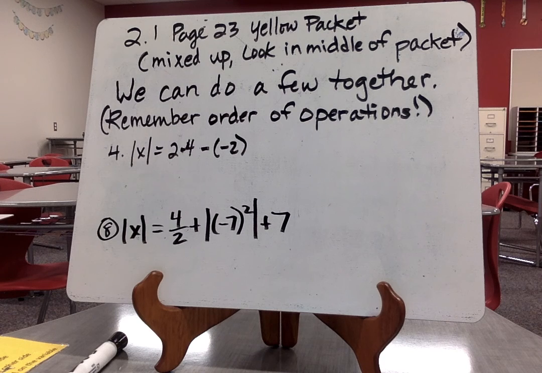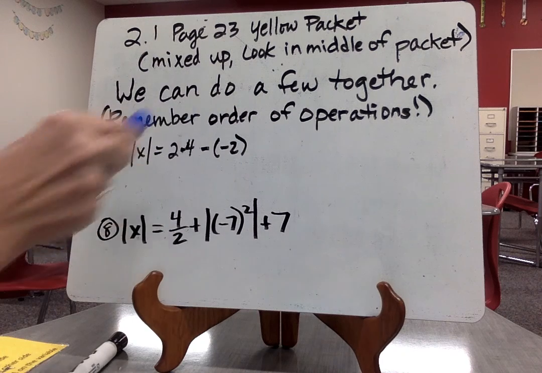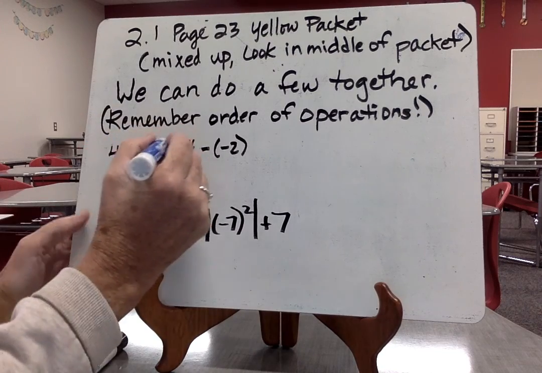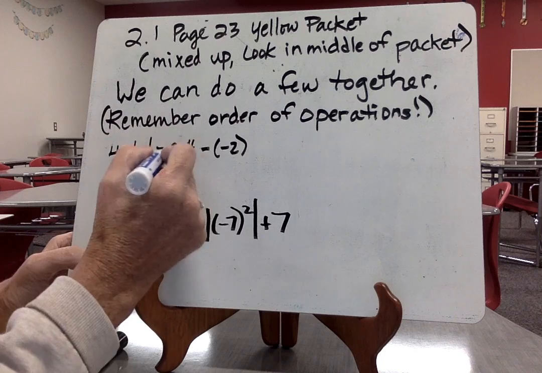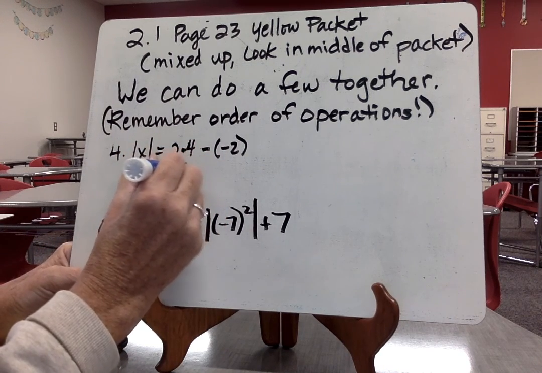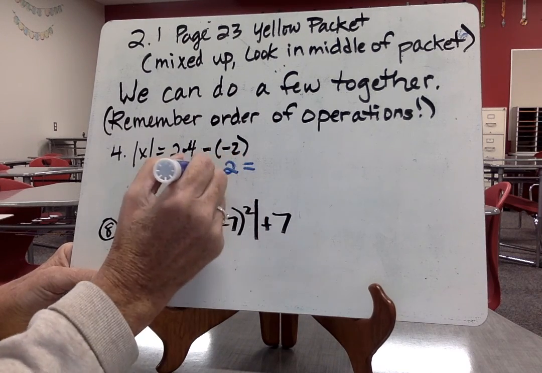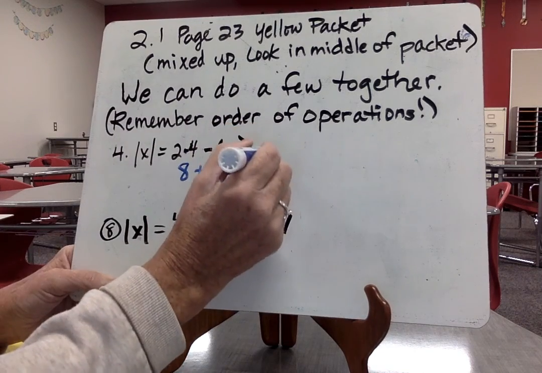On number 4, absolute value of x equals all of this. So we're going to figure that out and see if it's positive or negative. So if we have 2 times 4 is 8 minus a -2, multiplication comes first. We know it's multiplication, so we go 8 subtract -2 equals, when you subtract a negative, it becomes positive, so that is 10.